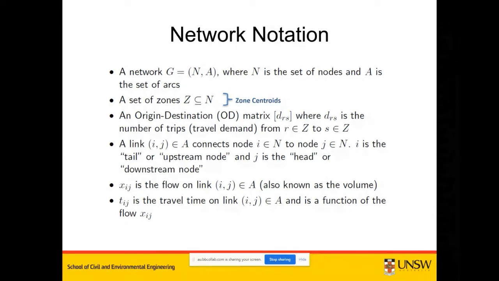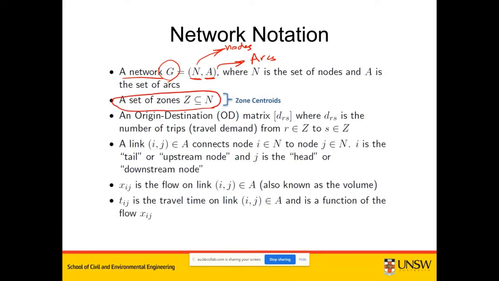So this is how we define a network. We say a network is defined as G with N being the set of nodes and A being the set of arcs. We can also define some centroids. Remember the first slide where we said this is the city, we have to break it into different zones, and then each zone may have a centroid.